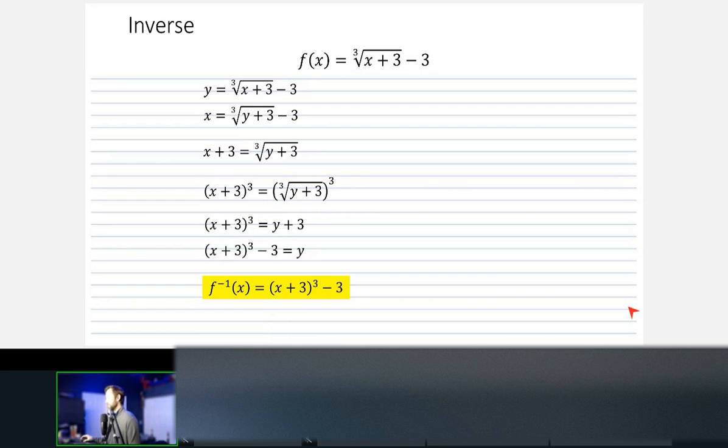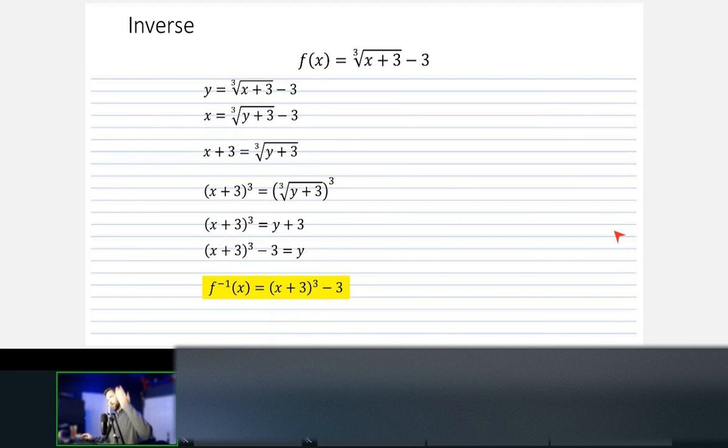Yes, you would graph both functions on the same graph, and then you would remember the inverse makes a reflection over what? Yep, over the y equals x line, the line that goes at an angle.